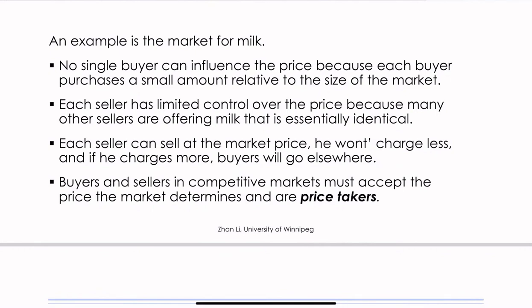Milk products are roughly the same. Of course, you could have 1%, 2%, 3.25%, but in the end, all 1% milk products are roughly the same. Because products are the same, sellers cannot charge more, because if a seller charges more for this 1% milk, then buyers will just go somewhere else, right?